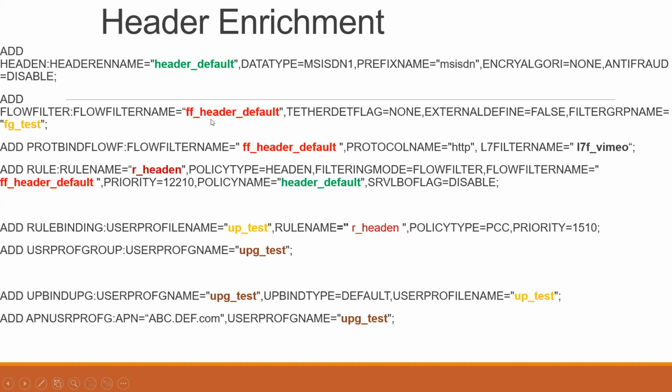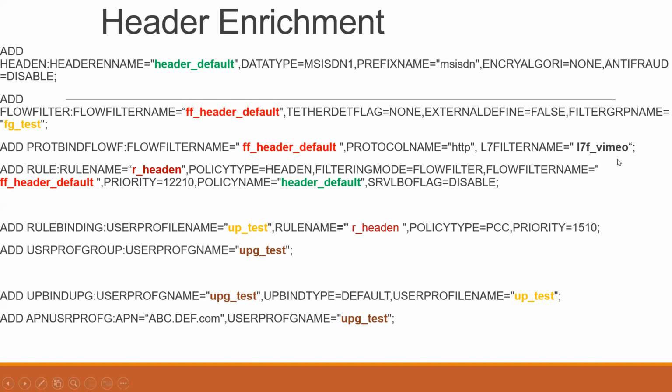So any request initiated from the handset will come to the GGSN, and it will add its MSISDN in its header, and then it is going to close that packet and send that packet towards that specific destination.